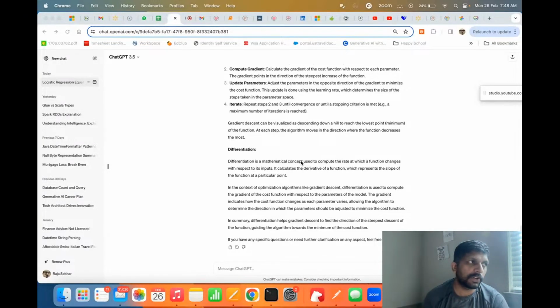Similarly, a cost function is nothing but the mean square error of y and yp, right? It is a function where y and yp are put in, and based on that we determine the value of the cost function.